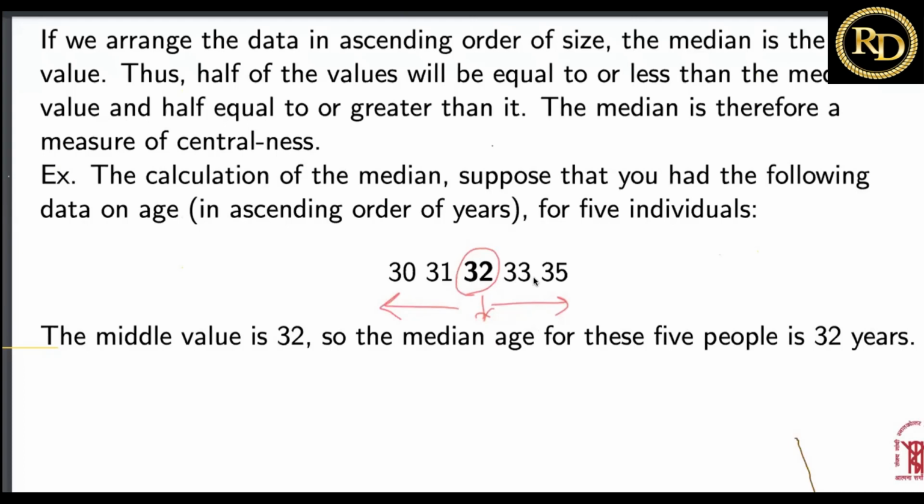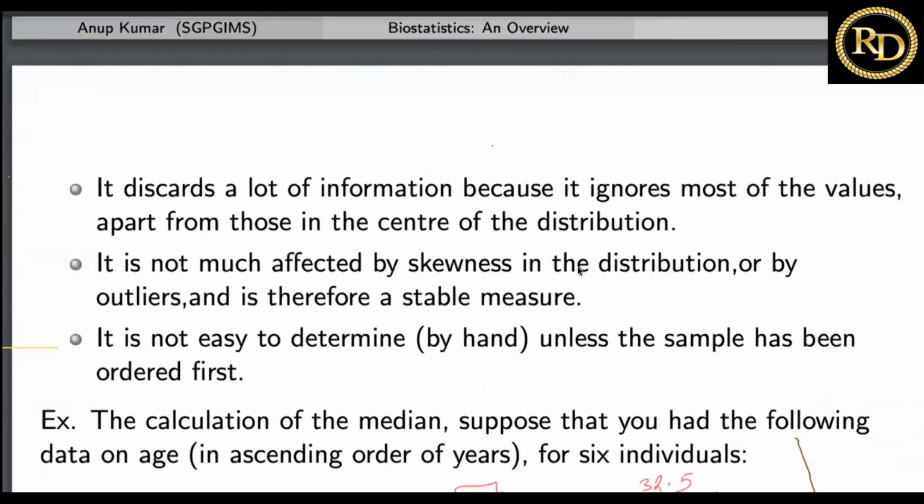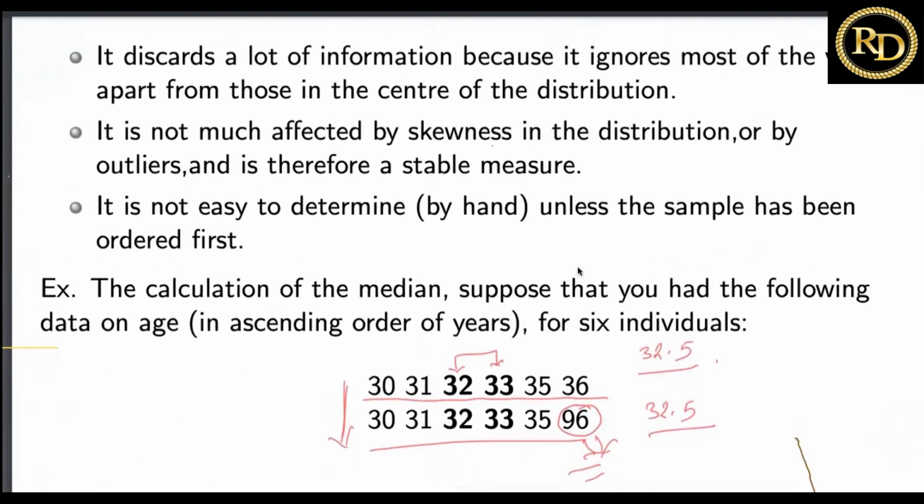Here you can see the example. This is the age of 5 colleagues: 30, 31, 32, 33, 35. So 32 is the median value of this particular data. Now, what if instead of 5 observations, there are 6 observations: 30, 31, 32, 33, 35, and 36.